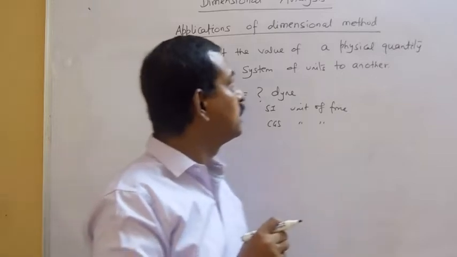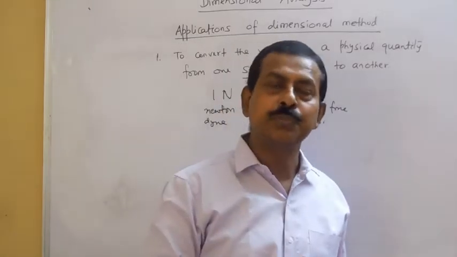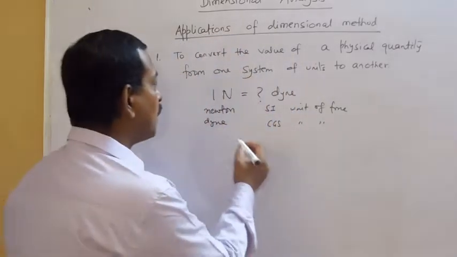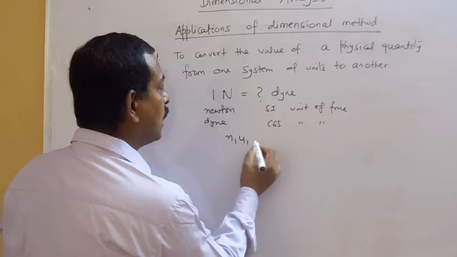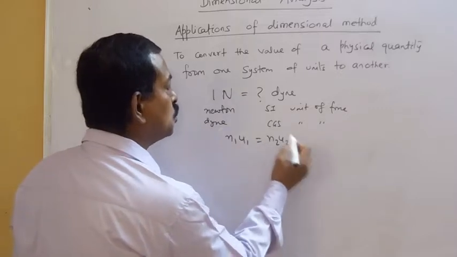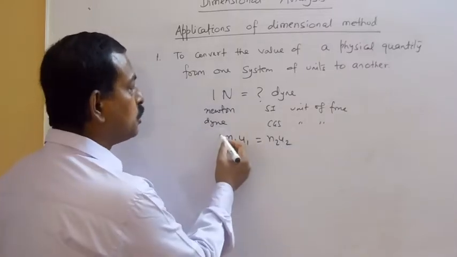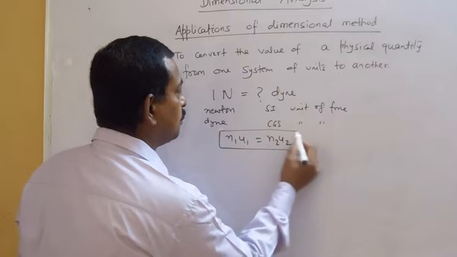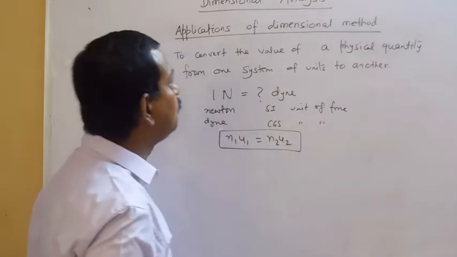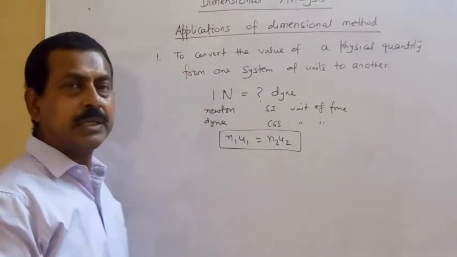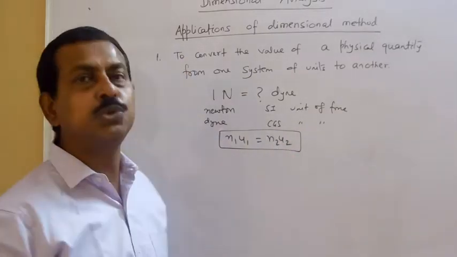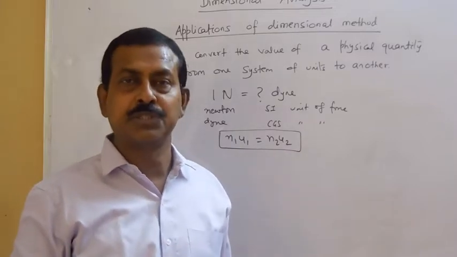For using this method, we use the formula N1U1 equals N2U2. This is the formula which we'll be using to find the value of a physical quantity and convert its value to another system of units.